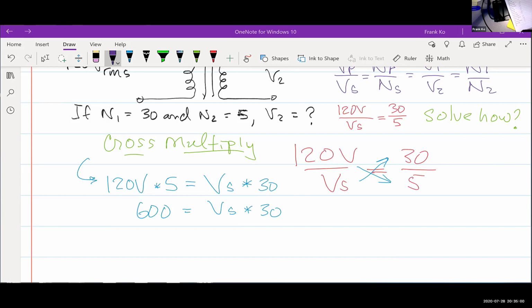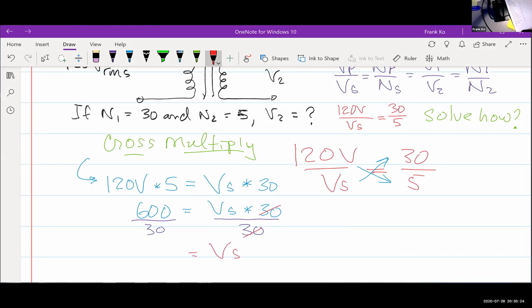Jess, what would I do? Multiply both sides by 30, or sorry, divide both sides by 30. Precisely. We use the opposite math function. If we're trying to get rid of this times 30 on this side, you want to divide by 30 on both sides. So this will cancel out your 30s, leaving you with Vs over here.